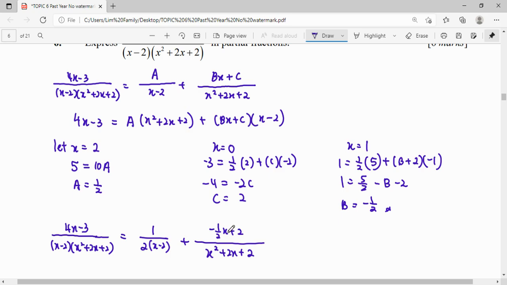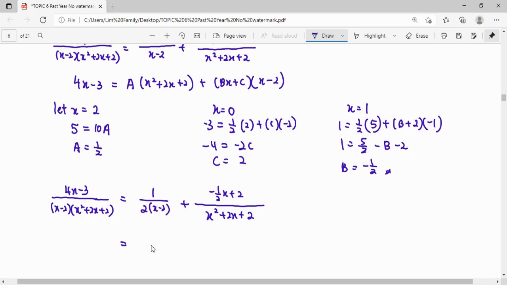For the numerator part, we get the same denominator, making sure we put it in a single fraction like this. We can get the same denominator, which is 2. So the denominator for this will be times 2, and 2 times 2 becomes 4.